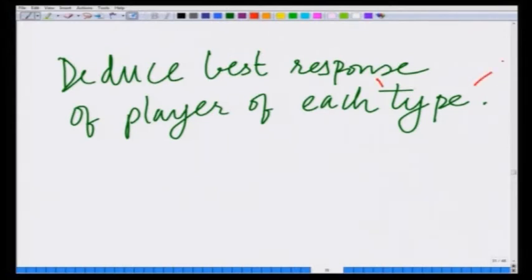We have figured out the best response of girl, or player 2, of type I, and also derived the best responses of player 2 of type U. So now we have to deduce the Bayesian Nash equilibrium of the game.